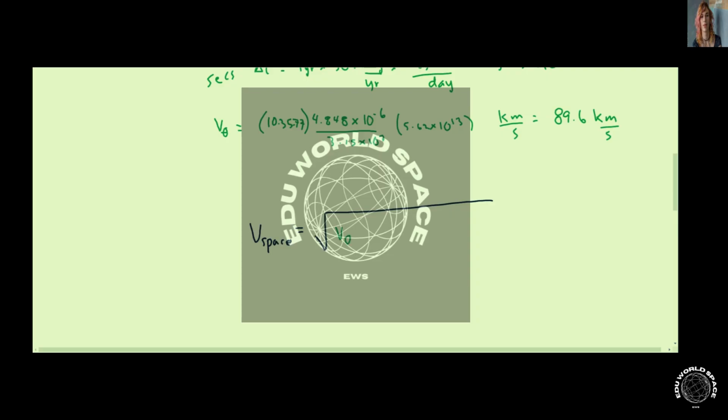You can think about them as components of a vector. And when you do that, it's a little bit over the 112. It's 144 kilometers per second.